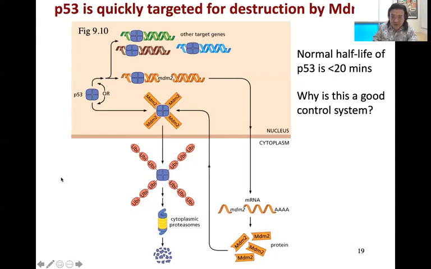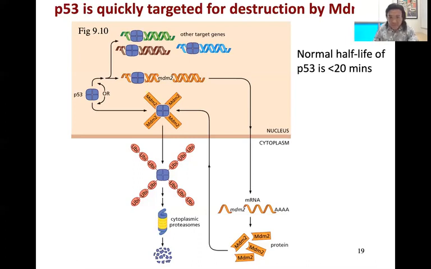So Mdm2 is what we call an E3 ligase. Right? So in other words, it ligates or transfers ubiquitin onto a target. Once Mdm2 ubiquitinates the p53, that is a sign for the p53 to get fed into the proteasome, the recycling bin of the cells, and the p53 is just degraded, right?